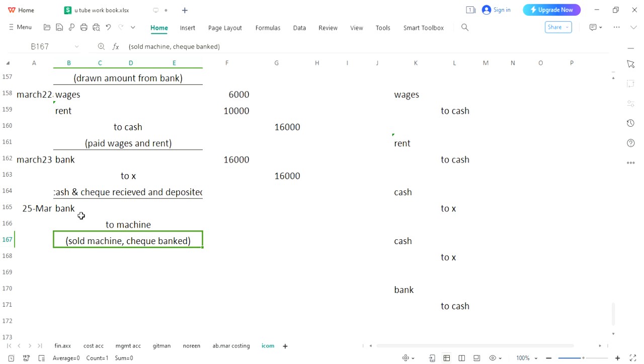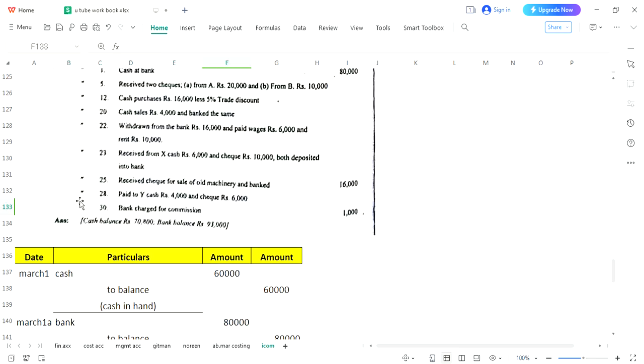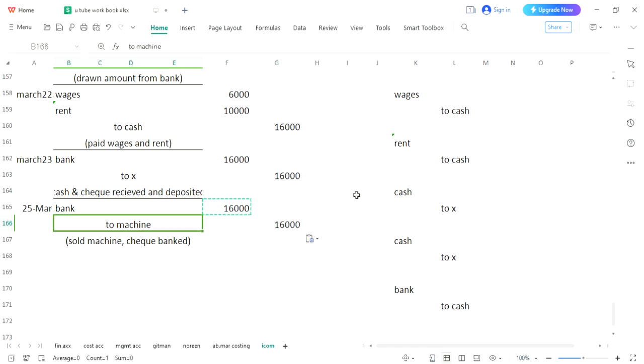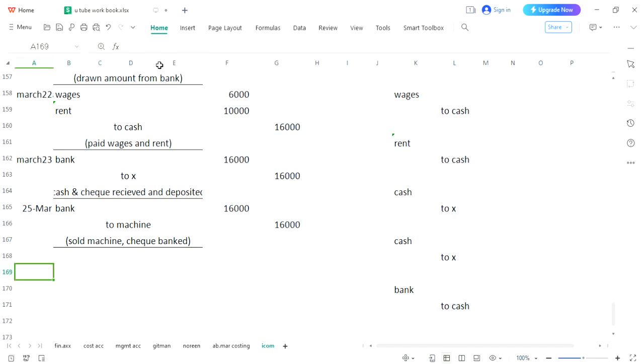Bank was your asset, asset is increasing, and increase in asset should be debited. How much amount have you banked? The amount is 16,000. This is the third time we are writing 16,000 on the debit side, and the same amount we will post on the credit side. So, sold machine and banked: bank to machine is your journal entry.